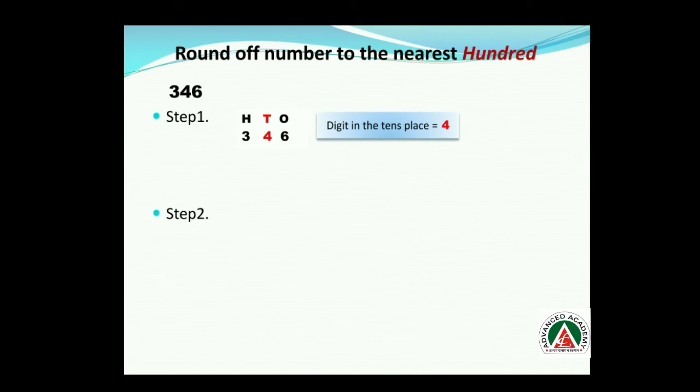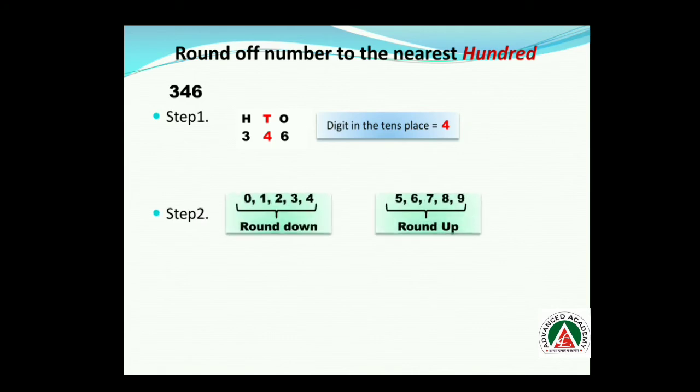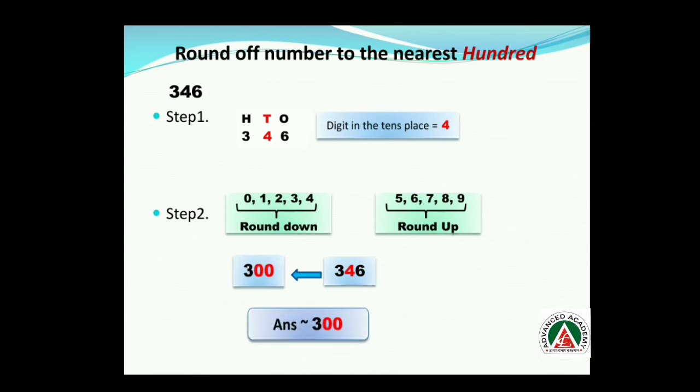Now in step 2, we will see whether 4 is in round up or round down. Obviously 4 is in round down. So we have to round this 346 to the nearest 100. What is the nearest 100 of this 346? Before it, 300. The answer is 300.